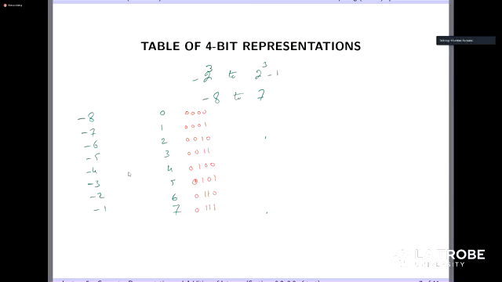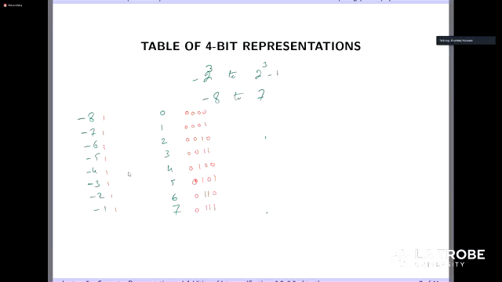Now let's write down the negative numbers. Should we? The first digit would always be 1 because it's a negative number. Now we have to find the remaining 3 digits.